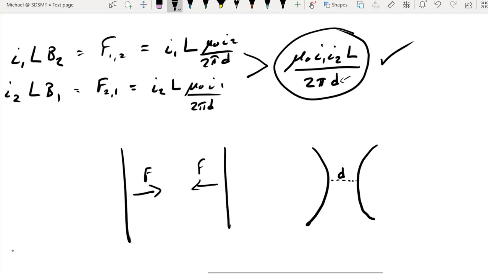And one of three things could happen. One is that the wires will continue attracting towards one another until the tension in the wire no longer allows them to continue moving. The second outcome is that the attractive force between the wires could be too much for one or both of the wires.